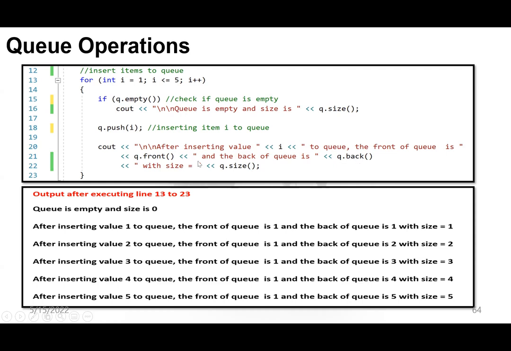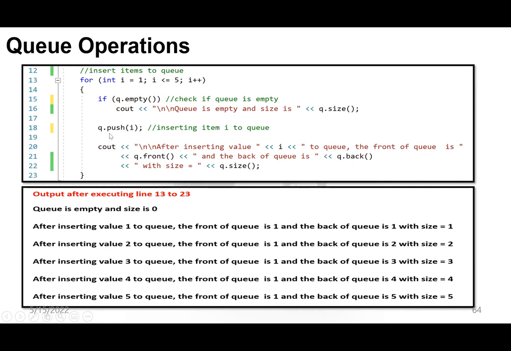Here I will print out the value in the front and the back of the queue every time I insert a value to the queue, and also the size of my queue. This is the output after I execute this for loop. Initially it prints that the queue is empty and the size is 0, because we haven't inserted any value.